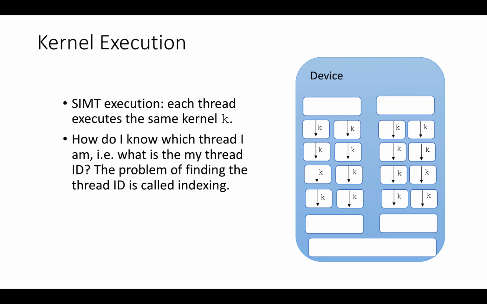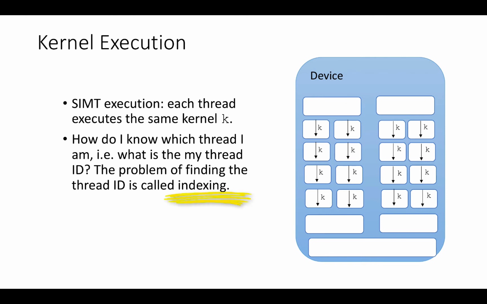For instance, if we have an input array with 20 elements, we might want to have 20 threads to operate on 20 array elements in parallel. Thread 0 can take element 0, thread 1 can take element 1, thread 2 can take element 2, and so on and so forth. For this reason, we need to find a way to determine the thread ID number.